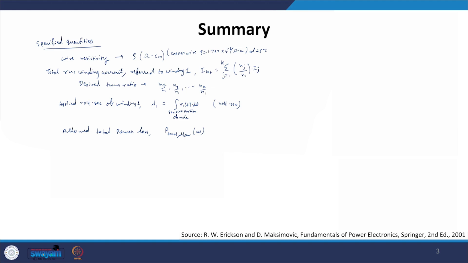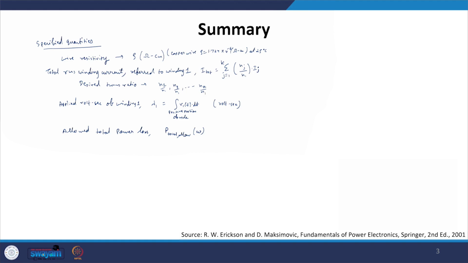That is one of the specifications you can define depending upon the overall converter specification. Generally in the power converter specification, the efficiency term has been defined. So, from there you can do different loss budgeting like semiconductor losses and passive losses, and then you can define the maximum power loss which you can allow in the transformer.